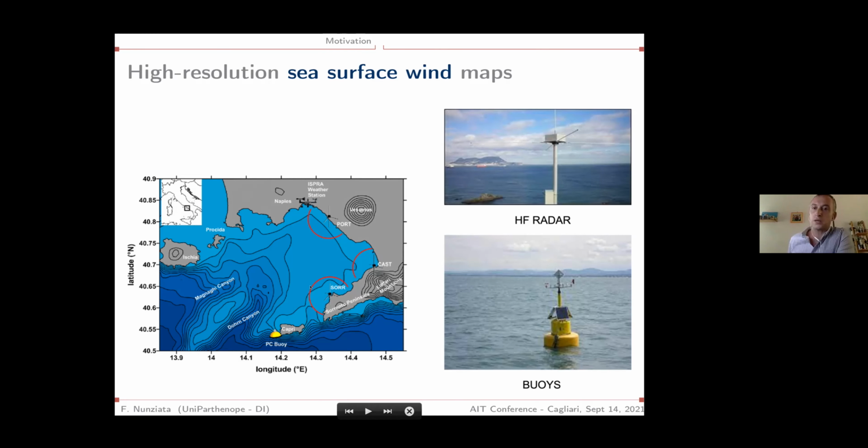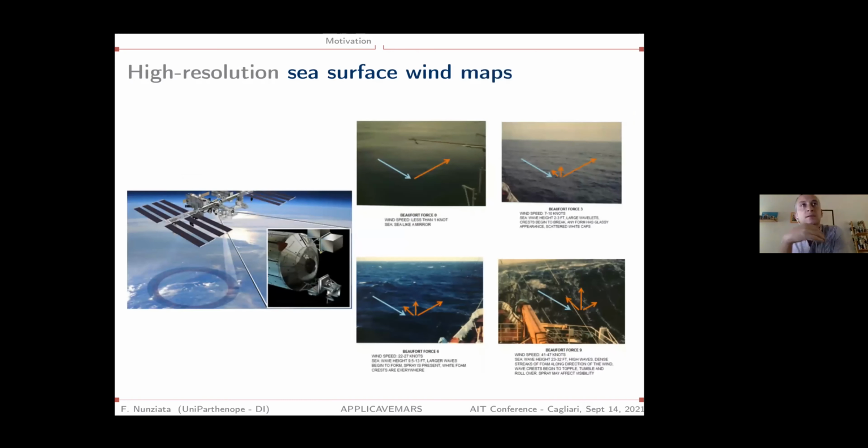So if we are interested in wide coverage estimates, so in a synoptic view of these geophysical parameters, remote sensing, and in particular space-based remote sensing, so satellite remote sensing, is a key tool, and one of the best tools is basically a radar.